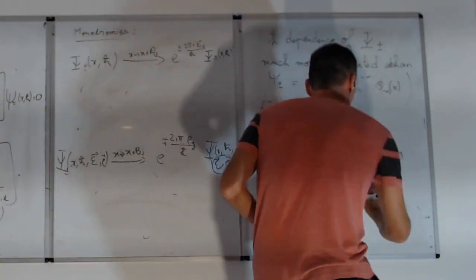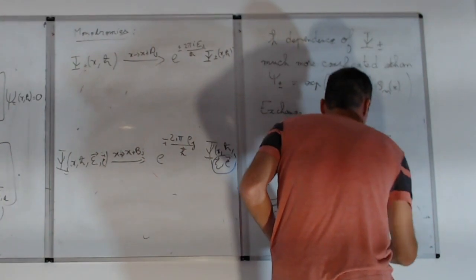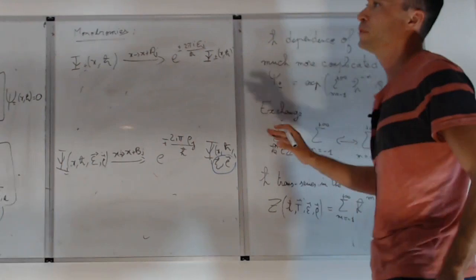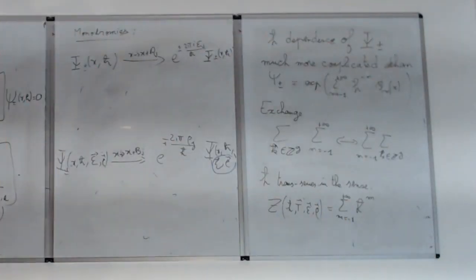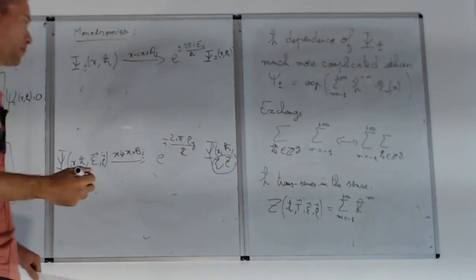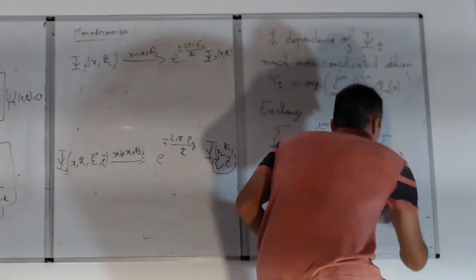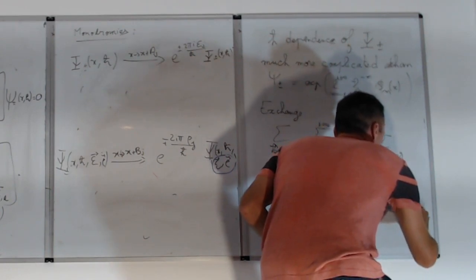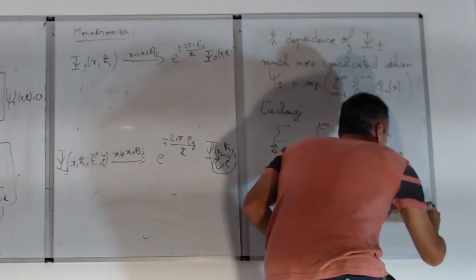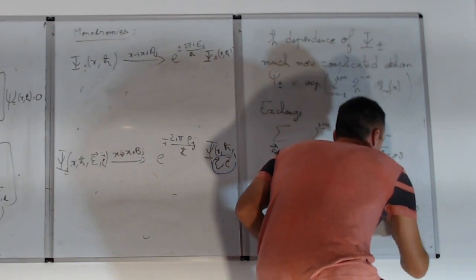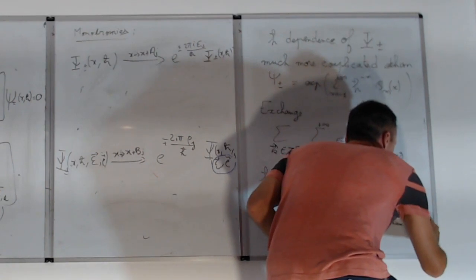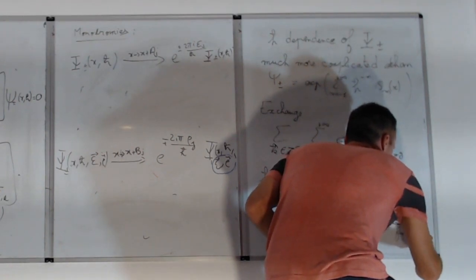And when you do this, you can resum this summation over k, and what you get here are some kind of derivative Riemann theta functions.